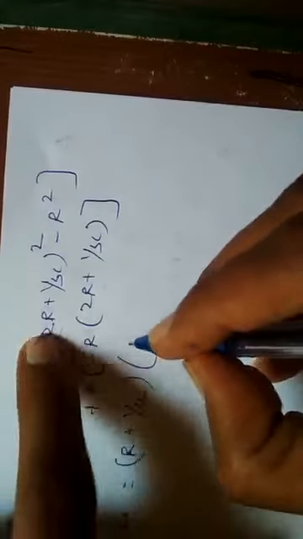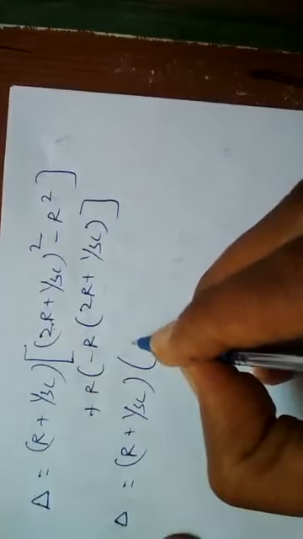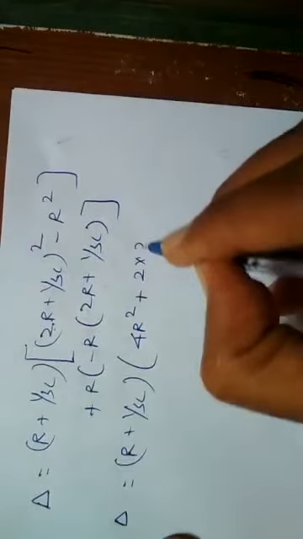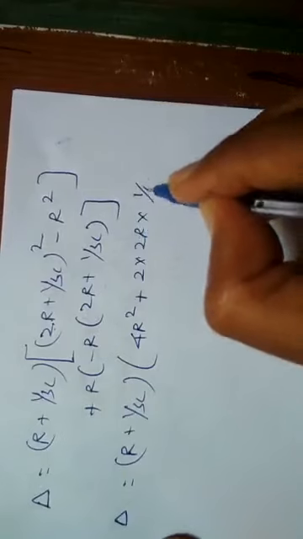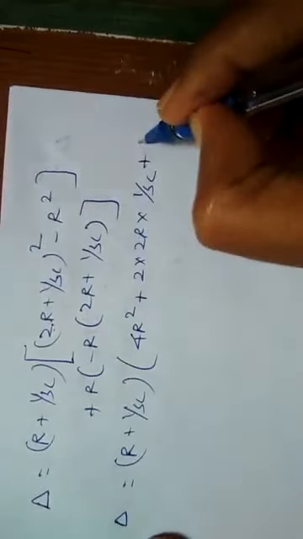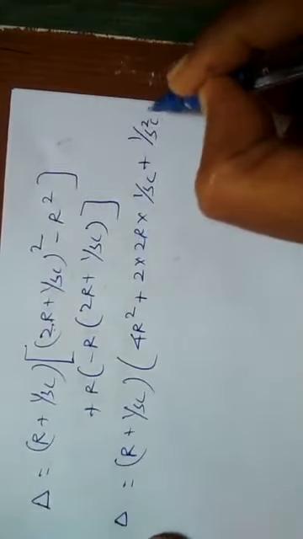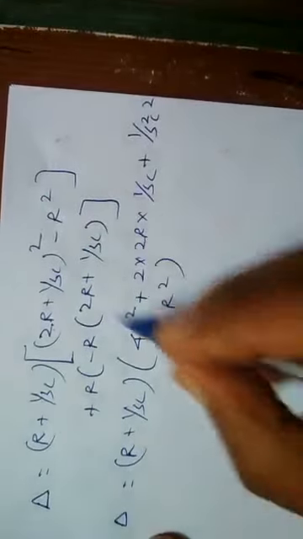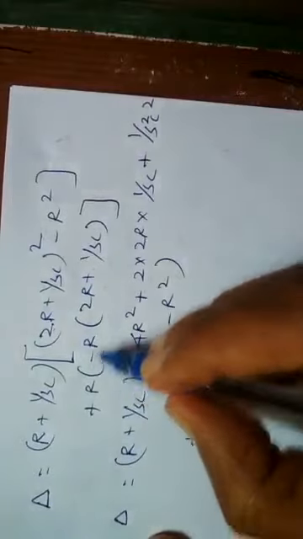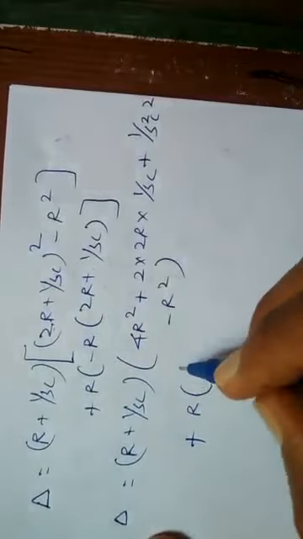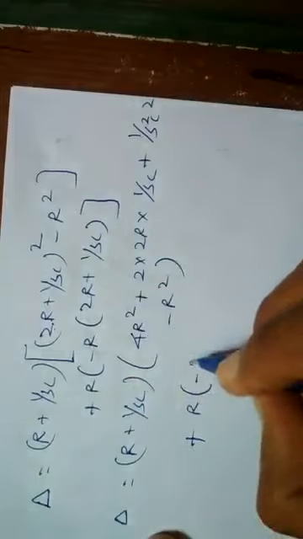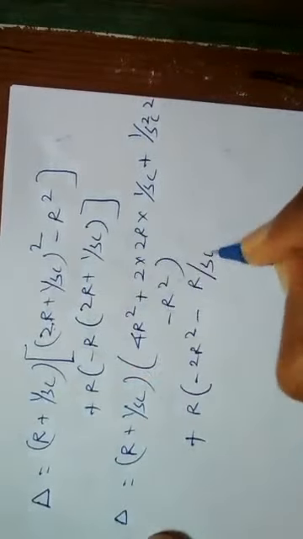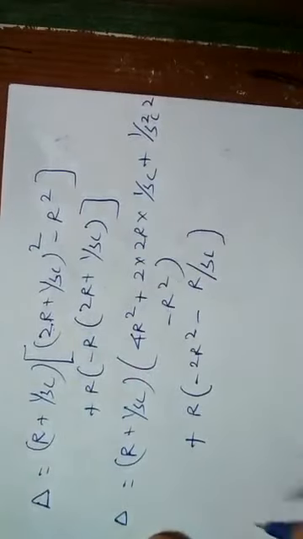So we can expand it with the help of a squared, that is 2R squared, so 4R squared, plus 2ab, 2 into a into b, that is 2 into 2R into 1 by SC, plus b squared, 1 by S squared C squared, minus an R squared is available, plus for the second term R you can keep as it is, minus R into 2R, it is minus 2R squared, and minus R into 1 by SC is minus R by SC.